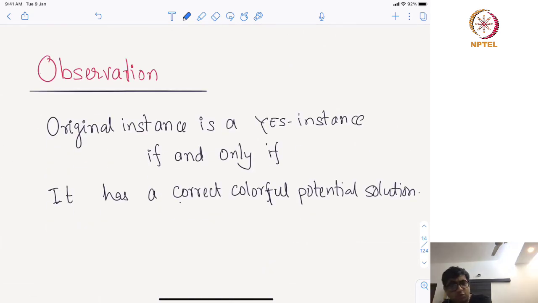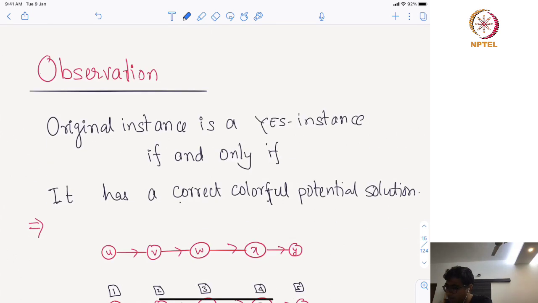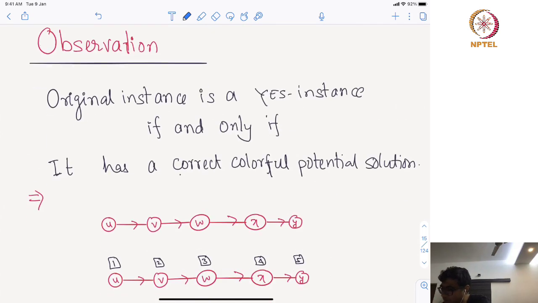So what is the observation? The original instance is a yes instance if and only if it has a correct colorful potential solution. Why? The forward direction is very easy. Suppose you had U, V, W, X, Y, then just give 1, 2, 3, 4, 5, distinct colors to it.